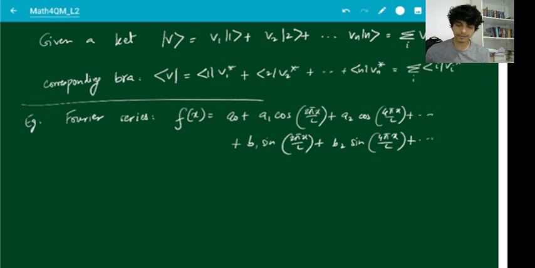And we had said that these various cosines and sines are the basis vectors, and the a1, a2, b1, b2, a0, these are all your components.